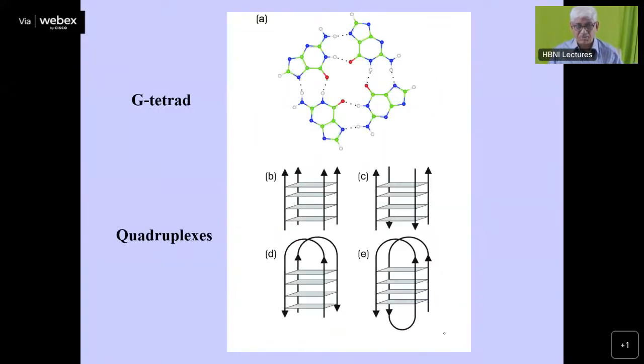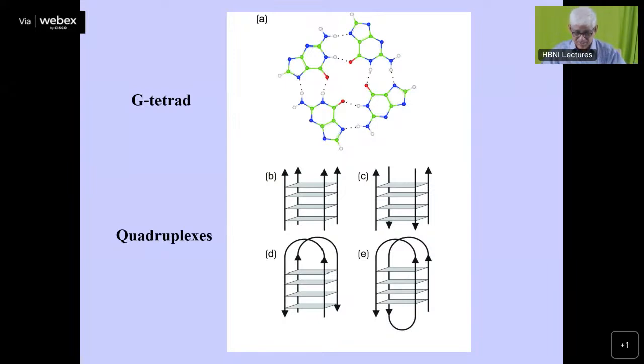We also talked about triplex formation, how a third strand can come into the major groove of the duplex and hydrogen bond with the two strands of the duplex. And the next possibility is the so-called quadruplex. The quadruplex is called the G-quadruplex.